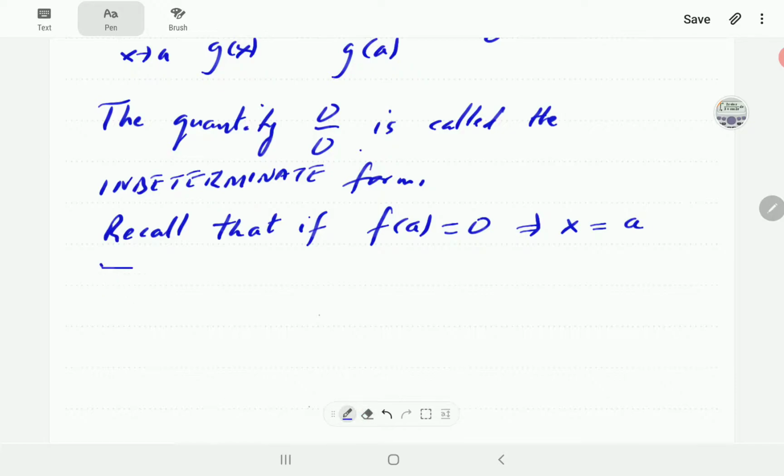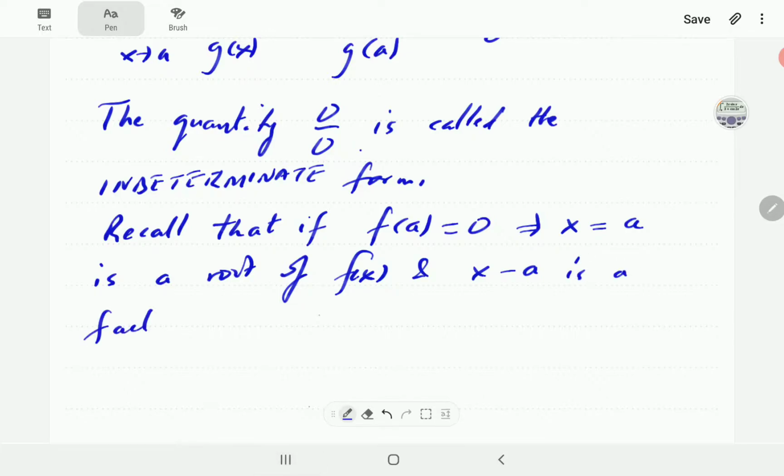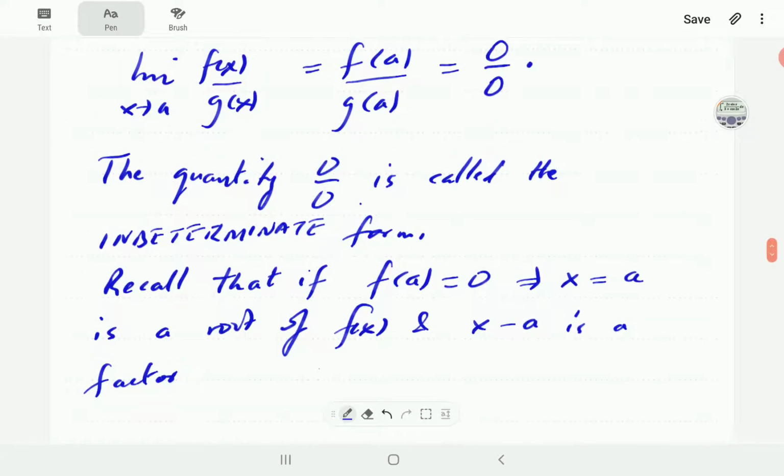So x equals a is a root of the polynomial f of x, and x minus a is a factor. The same thing of course applies with g, because g of a is equal to 0 as well.